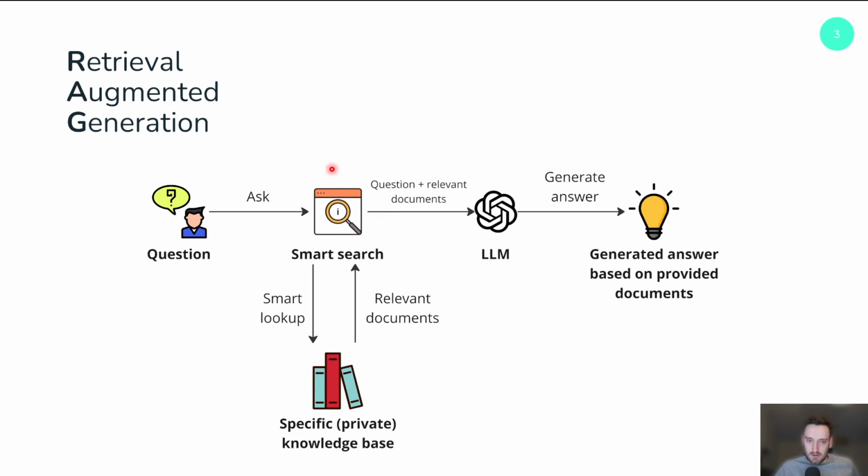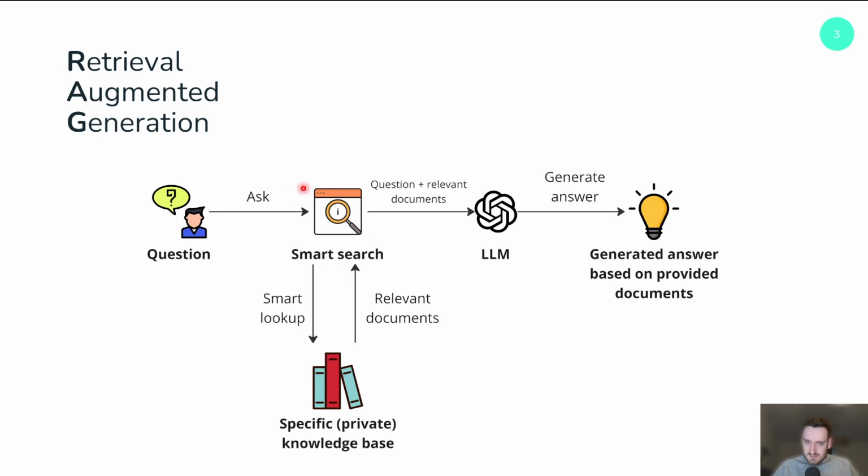Then we are going to send the results from this smart search, which I will look into further later, together with the question from the user to a large language model. The large language model is going to generate an answer, and this is what we show to the user. And then we have a chatbot or a GPT solution in general that can answer questions based on your specific knowledge base.